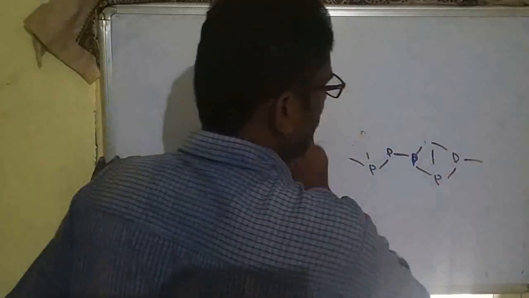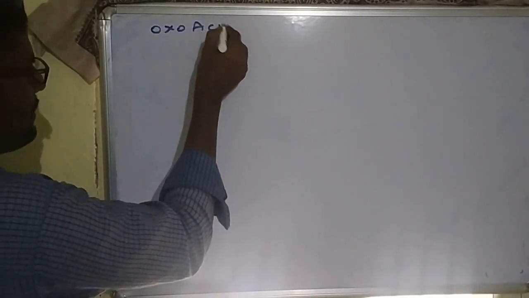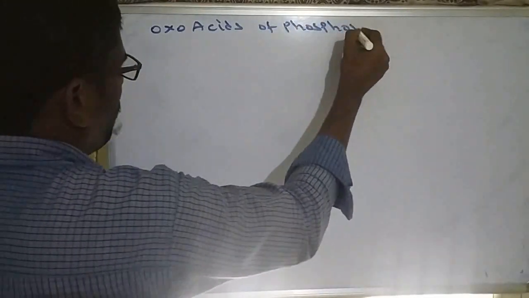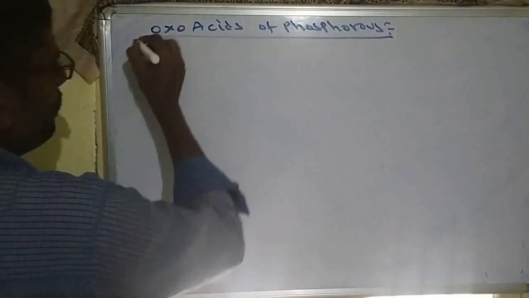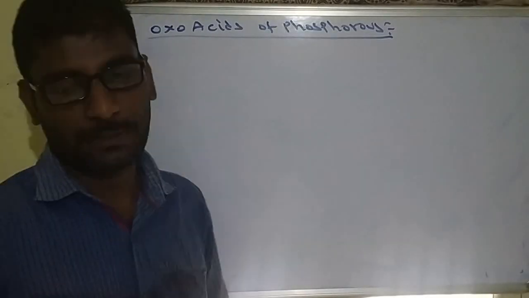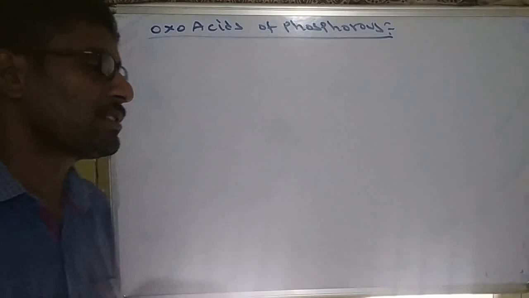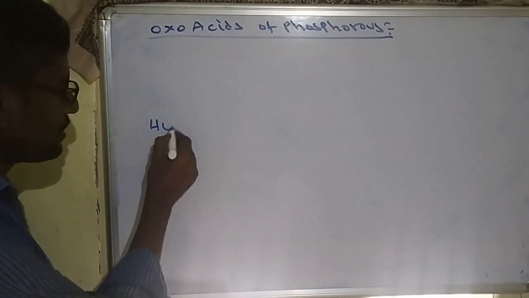Like that, in the nitrogen group, another most important topic will be oxoacids of phosphorus. First of all, we know acids. What is an oxo acid? Say HCl is an acid.